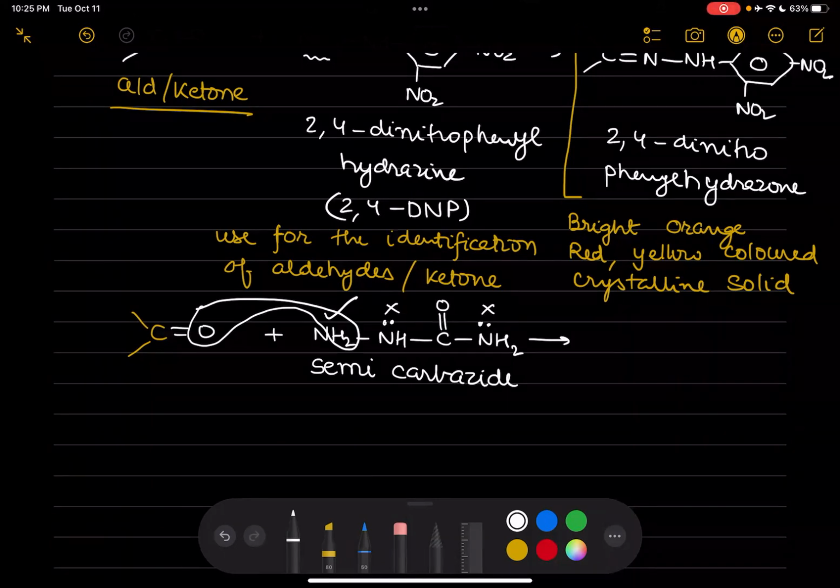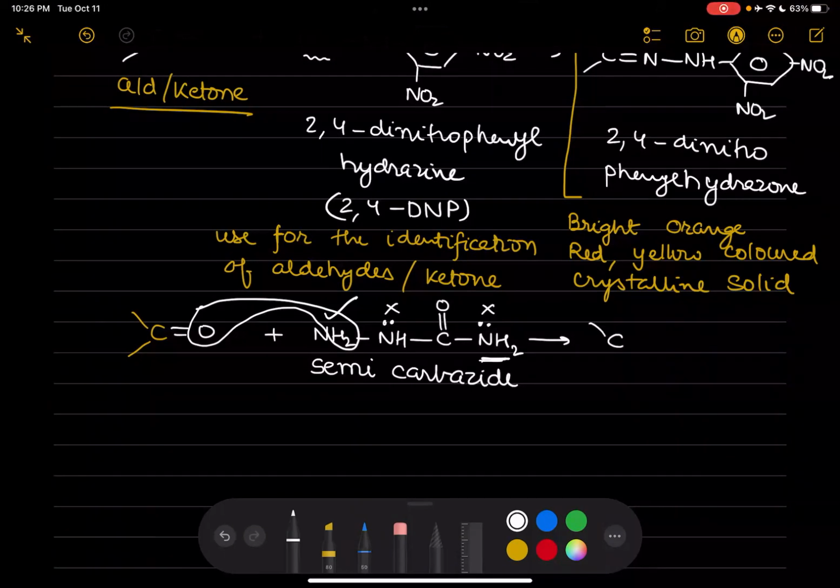Sometimes, as in NCERT also, they deliberately write this nitrogen in front of the CO so that you can make a mistake. So be careful about that. Is it clear what I'm trying to say?